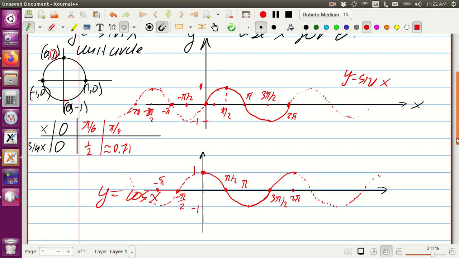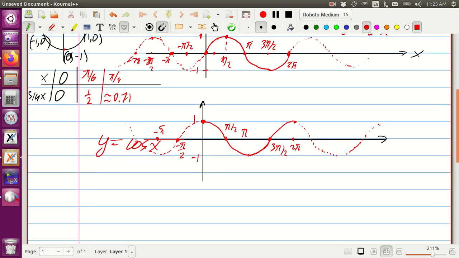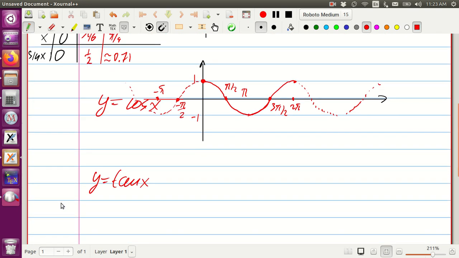The next graph we're going to need is the graph of tangent. So tangent is a little bit harder to understand. So let's try to do that. y equals the tangent of x. And remember, on the unit circle, it's the ratio of y to x.